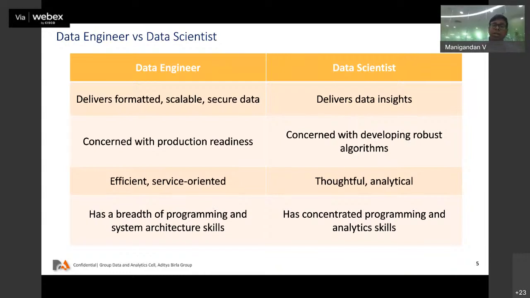But a data engineer doesn't think in terms of ML modeling and other things. He has to handle the data in such a way that it is easy for the data scientist to consume, and the insights that come out of it have to be stored back also, so that it's easier for visualization. A data engineer collects the raw data, so he runs the ETL to get the raw data, and then prepares the data in such a format that it is easier for the data scientist to consume.